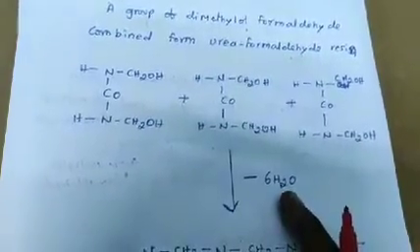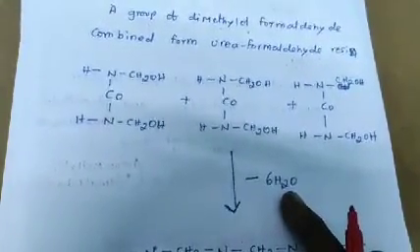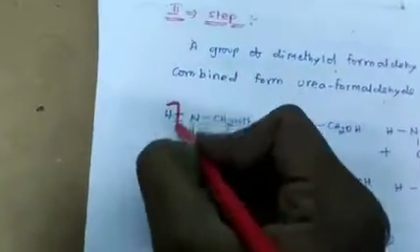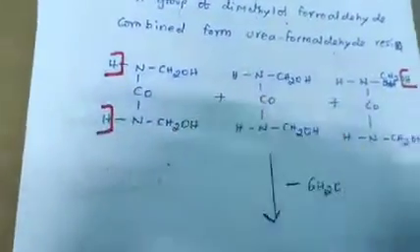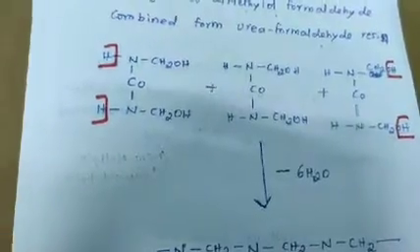Totally how many water molecules get eliminated? 6 water molecules get eliminated. First, this hydrogen and this OH make one water molecule. This hydrogen and this OH make another water molecule. Totally 2 water molecules are completed.